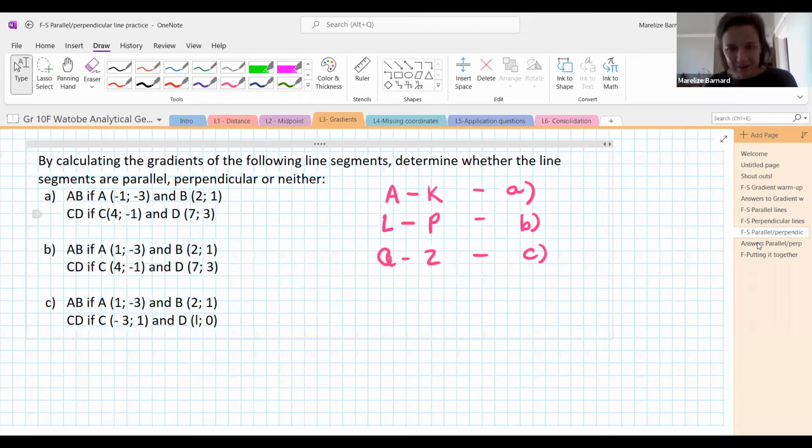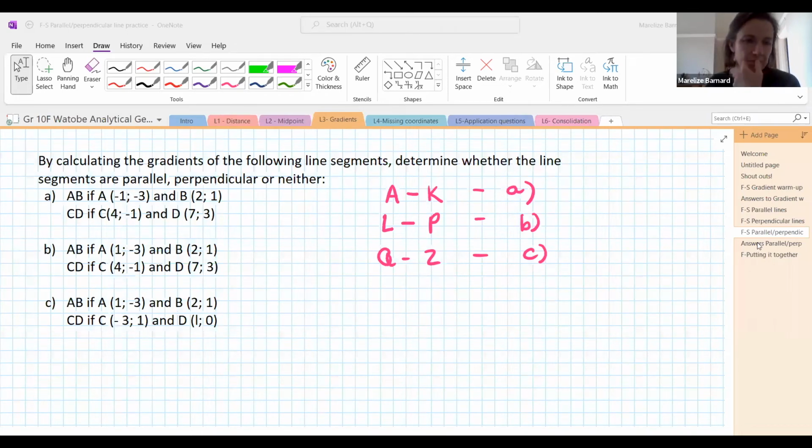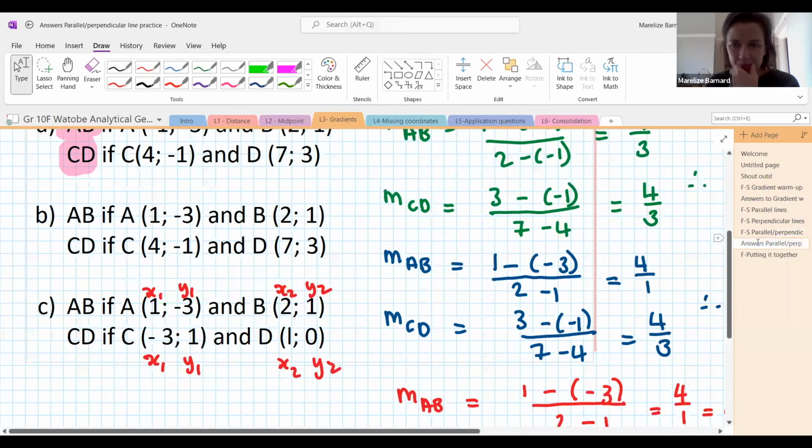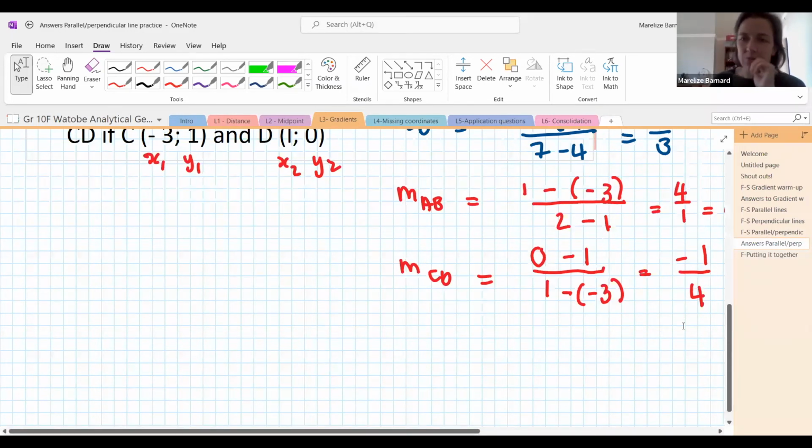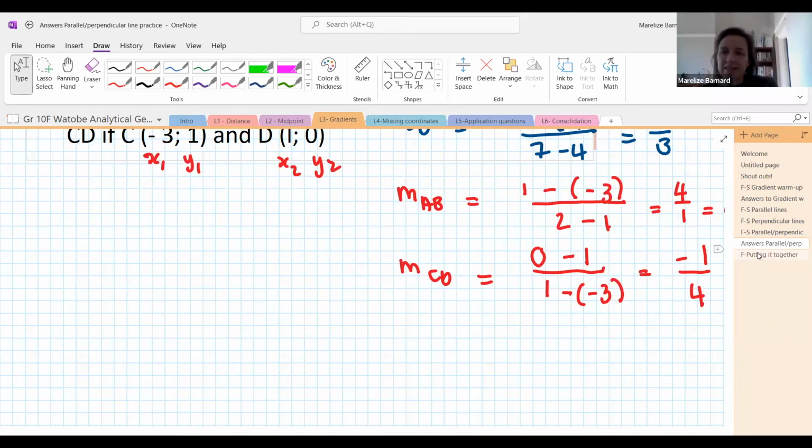For AB, I got 4, and for CD, I got -1/4. So they are perpendicular. Wonderful, well done, Sipokasi, that's right. So we get 4 and -1/4 for the gradients, which means the lines are perpendicular. Excellent. Well done, guys.